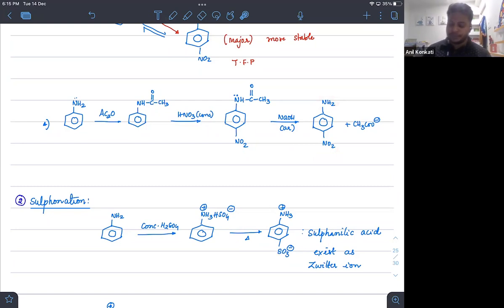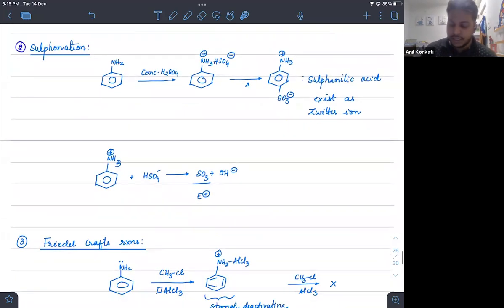Okay. Next, sulfonation. Aniline, if you treat with concentrated H2SO4, first it will form an acid-base reaction. Aniline is slightly basic. H2SO4 is acidic, so it will make an acid-base reaction and makes a salt. That on heating will give anilinium ion.